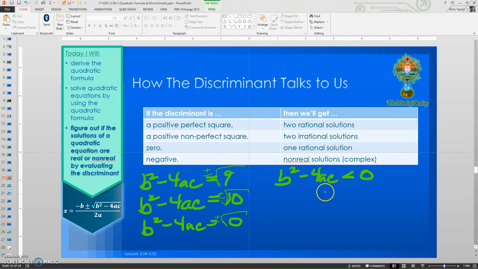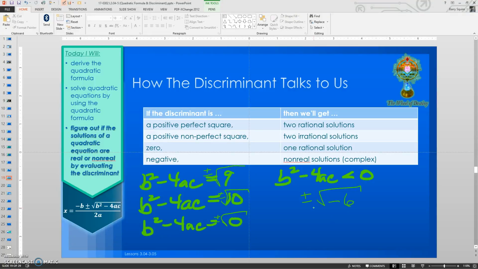Now, if our discriminant happens to be negative, and let's just call it negative 6, we're going to look like something like that. The positive or negative square root of a negative number. We've gone over this a lot.